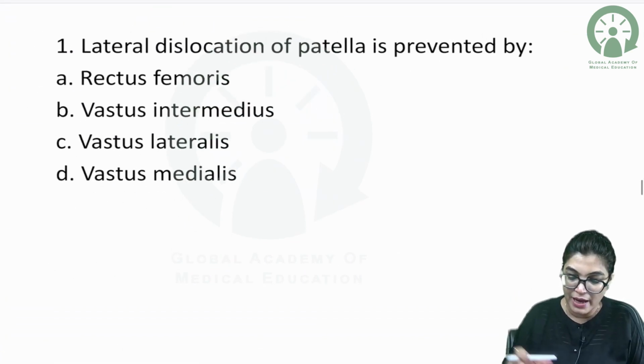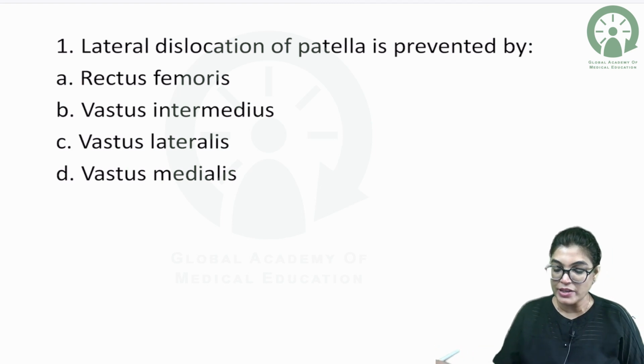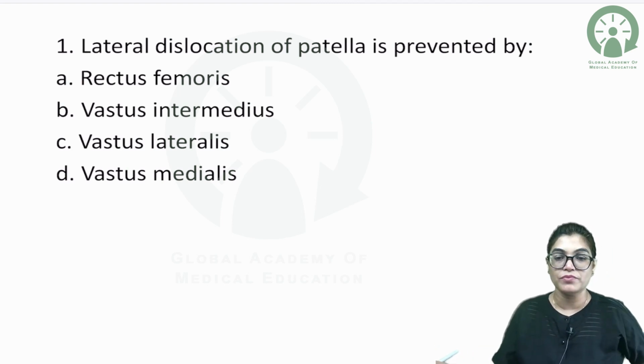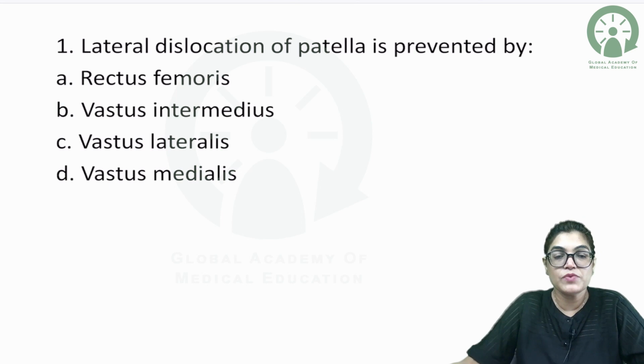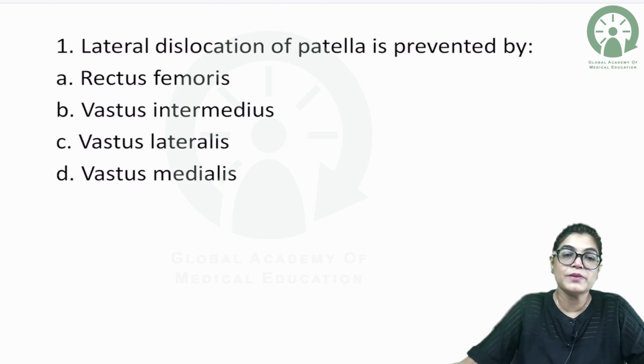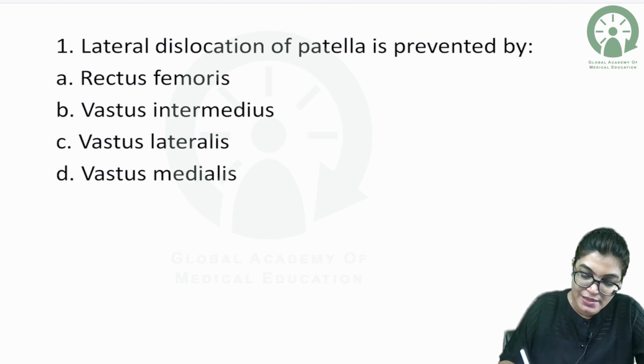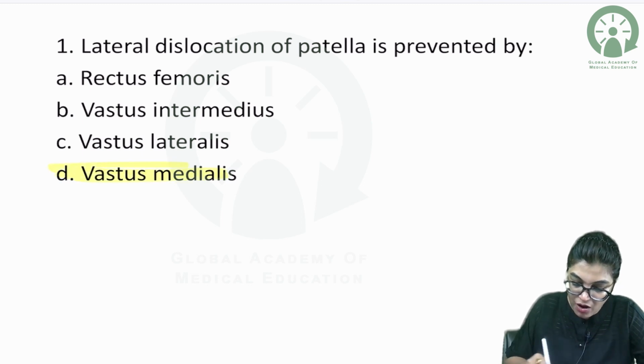Now let's talk about the MCQs. Lateral dislocation of patella is prevented by which of the following structures? Rectus femoris, vastus intermedius, vastus lateralis, vastus medialis. My dear aspirants, the attachment of vastus medialis is a larger area on the patella.